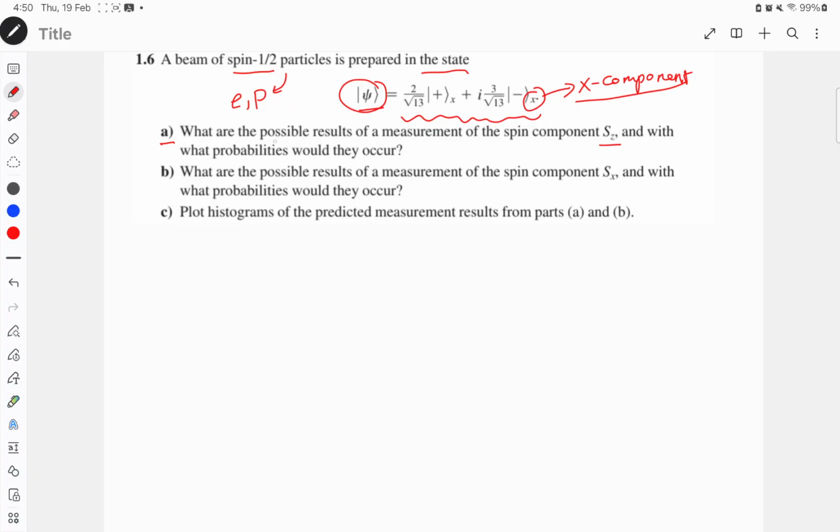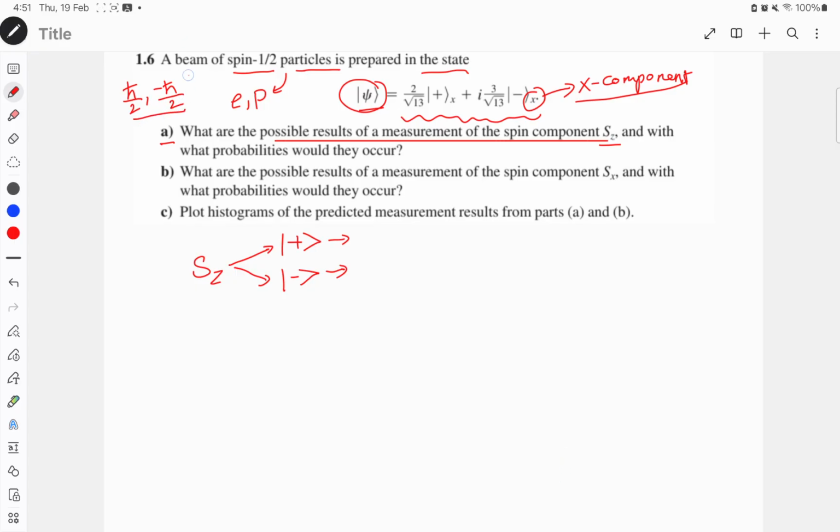Z has two states, the up state and the down state. The possible measurements for spin-half particles are either h bar over 2 or minus h bar over 2.